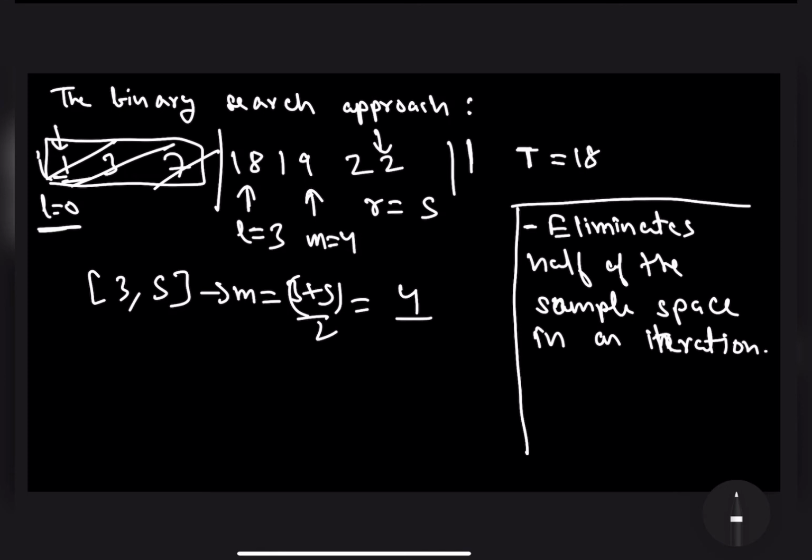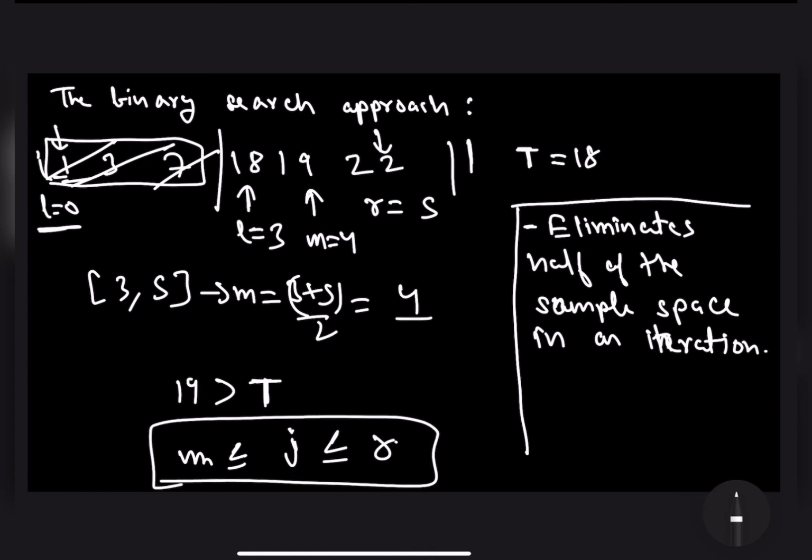Now what I will do is compare this 19 to the target value. I know that 19 is greater than the target value, so I know that all the indices j such that j is greater than or equal to M and j is less than or equal to R will always be greater than the target value.